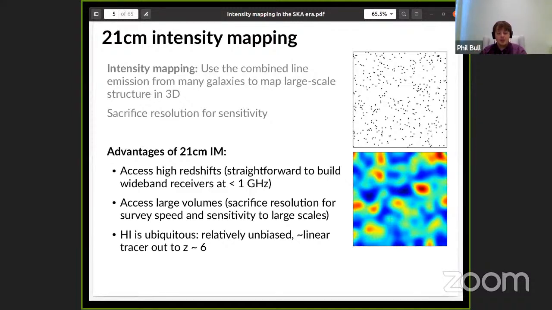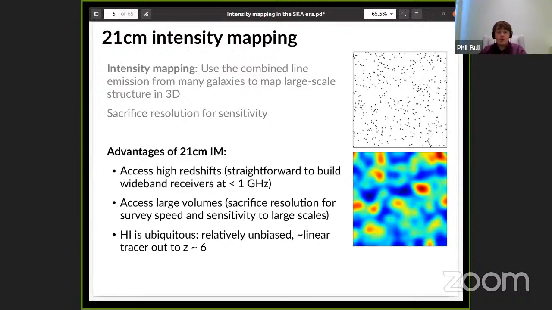Wherever you see neutral hydrogen, there's going to be roughly a proportional amount of dark matter there as well. And this is true out to a redshift of about 6 or so, when we think the epoch of reionization would have ended. So the fact that we can use the same tracer of the dark matter from redshift 0 to redshift 6 is excellent.